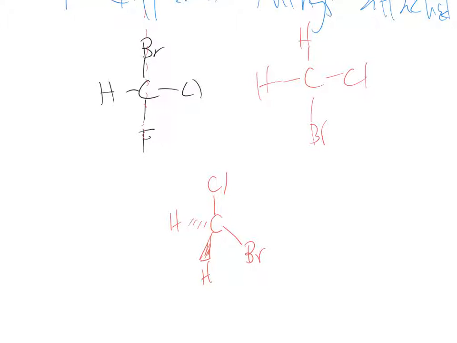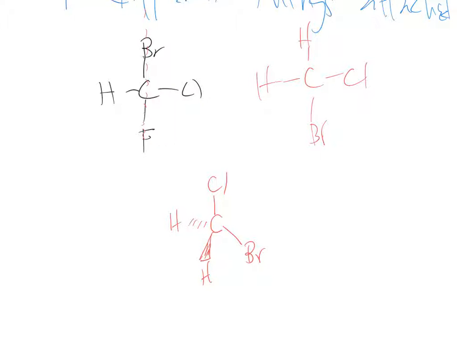Now you can imagine, many times if you think about it kind of violently, it helps bring it into perspective: if you took a guillotine and chopped that in half, with the guillotine going in the direction of the board, you would find that you have a plane of symmetry there. It may not be the most obvious, but that's why I put the chlorine and the bromine inside the plane of the board, because you could have half of a chlorine on one side.